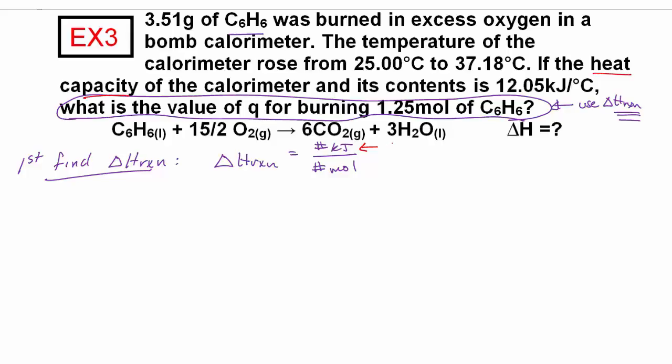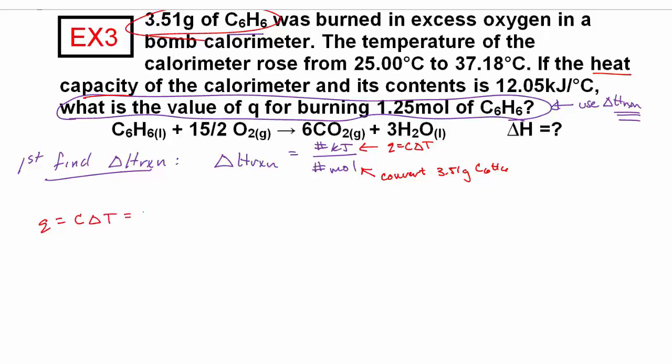That means we're going to use Q equals C delta T. And the moles, they gave us the grams of the benzene. We just need to convert 3.51 grams of benzene, and we'll get the moles. Divide the two, and we'll have our enthalpy of reaction. So let's find our Q first.